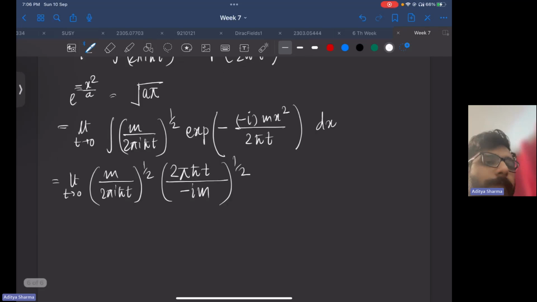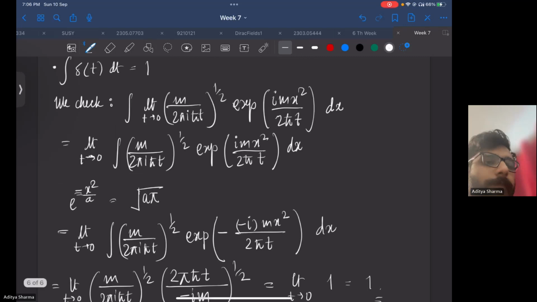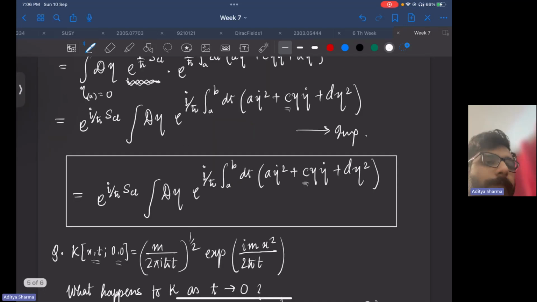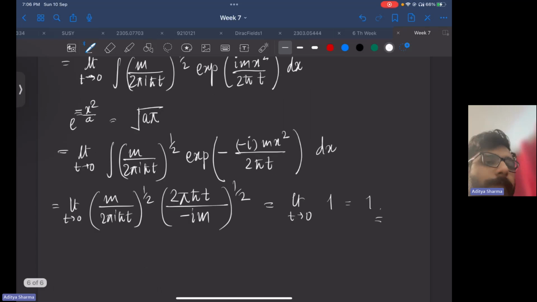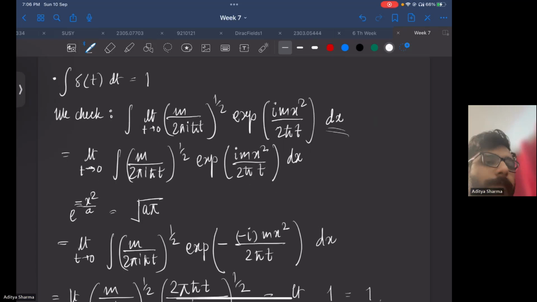It cancels, and cancels. You get 1 by minus of minus, and this is nothing but... okay. The first catch is why is the integral over dx?